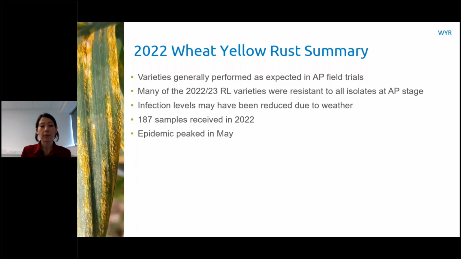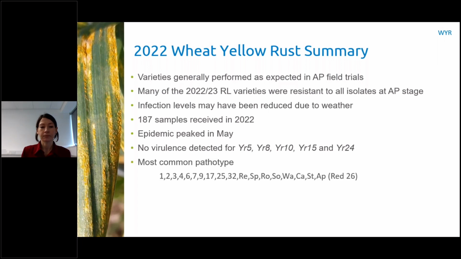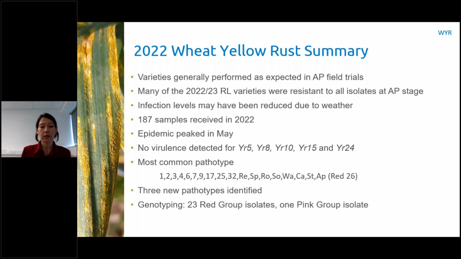For us, the epidemic peaked in May. No virulence was detected for YR5, 8, 10, 15 or 24. The most common pathotype was this one here, belonging to red 26. We had 3 new pathotypes identified, and the genotyping showed that 23 of the isolates genotyped were red group isolates, and there was 1 pink group isolate.